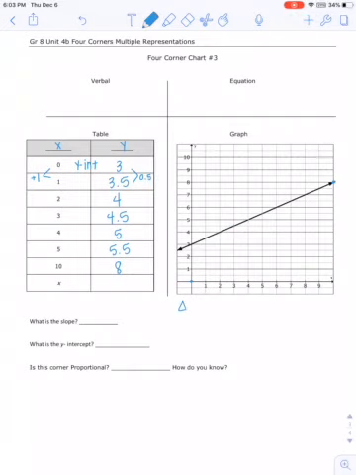So when I do change in y over change in x, I get 5/10 over 1, which is the same thing as just 5/10. So our y-intercept's 3, our slope is 5/10. We're going to plug that into our equation using slope-intercept form, and we are going to get y equals 5/10 x plus 3.